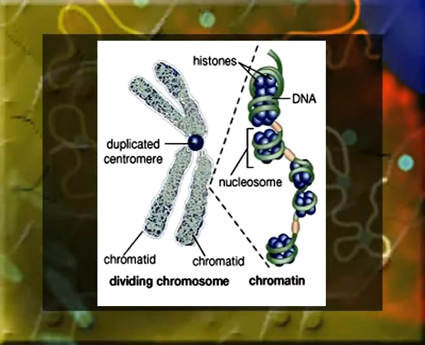Because the lateral loops have 25 micrometer DNA, after contracting 40-fold in the 30 nm fiber, they would be only about 0.6 micrometer long, a length consistent with the diameter of the metaphase chromosome, that is 1 micrometer.